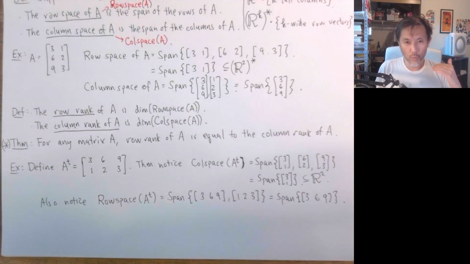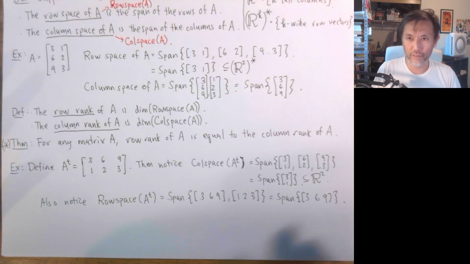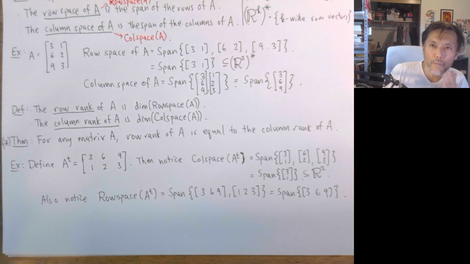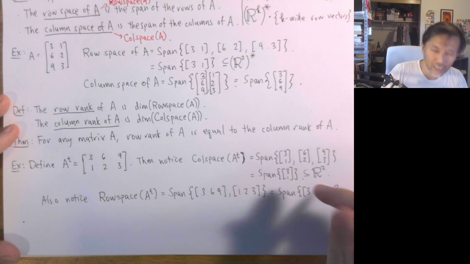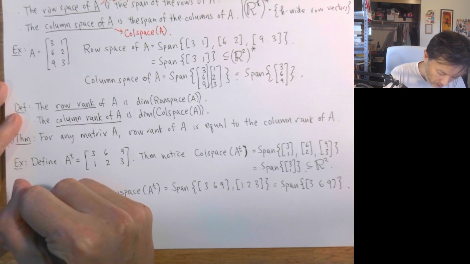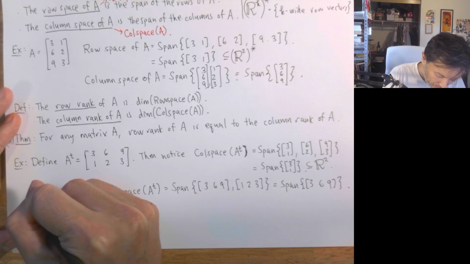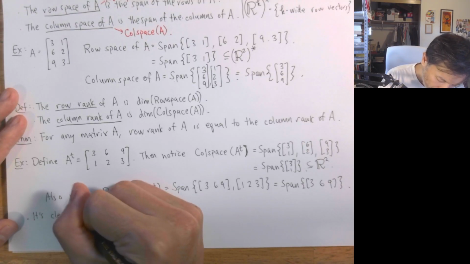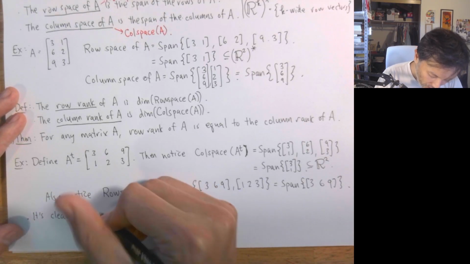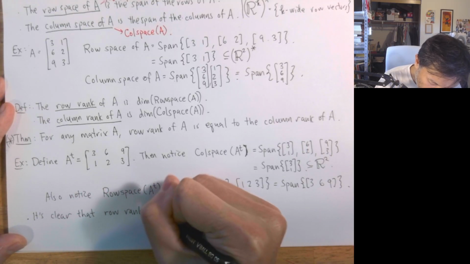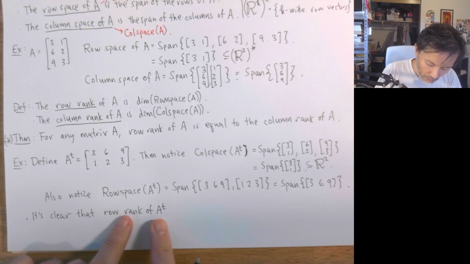So we can sort of get a feel for that, but in particular, maybe this is clear. So even though these things live in different universes, maybe this statement is clear. It's always dangerous to write this in mathematics. It's clear that the row rank of A transpose, okay, so what am I talking about here?